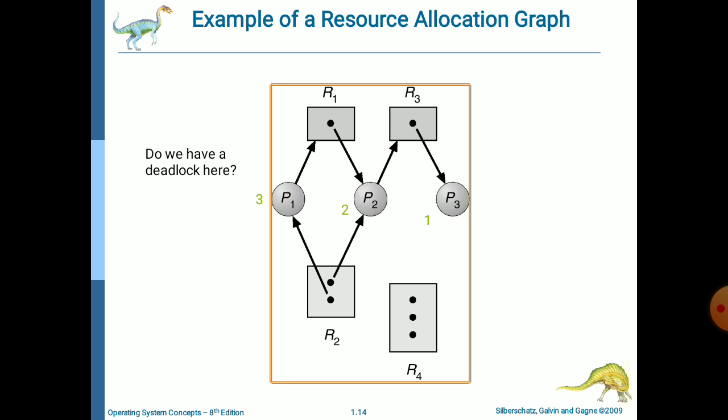R1 and R2 are already held by P2, and the released R3 is also taken, and it gets executed. The second process executed is P2. After that it will release R1, R2 and R3. Next, P1 is already holding R2 and requesting R1, and it will take R1 also because it is released by P2, and P1 gets executed as the third process. So there is no deadlock in this situation.